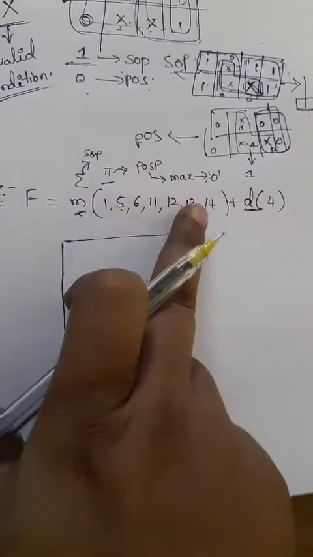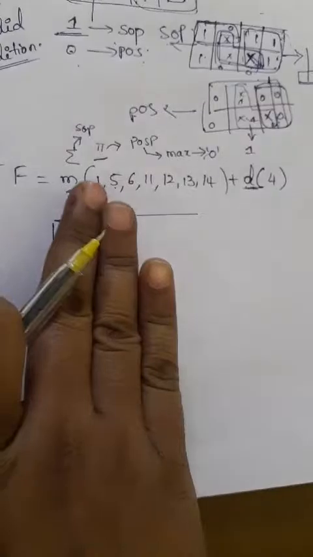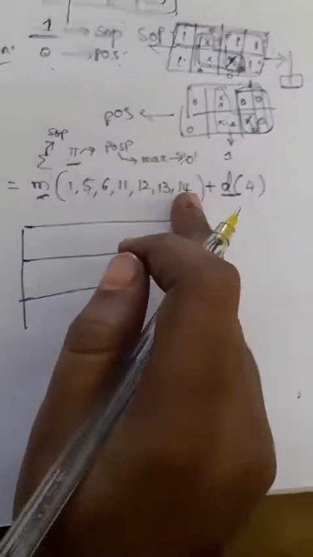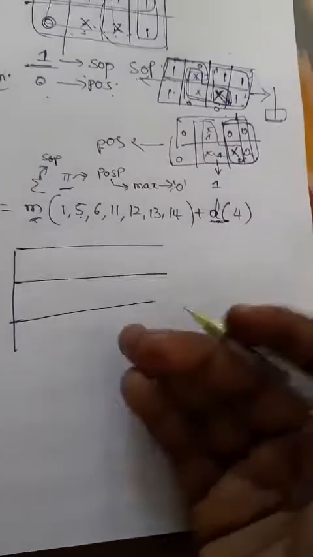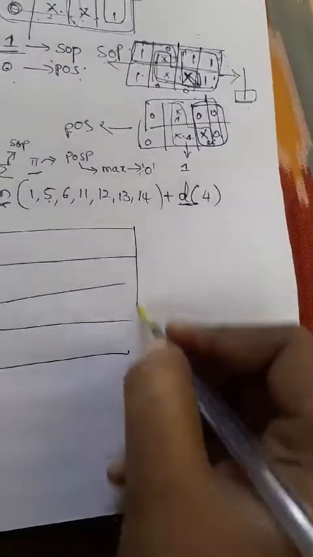Just check how many numbers we have, up to 14. Since 14 is within 15, we require a 4 variable K-map, which has a total of 16 cells. So directly I will go with the 4 variable K-map, in which we can cover the 14 possibilities.